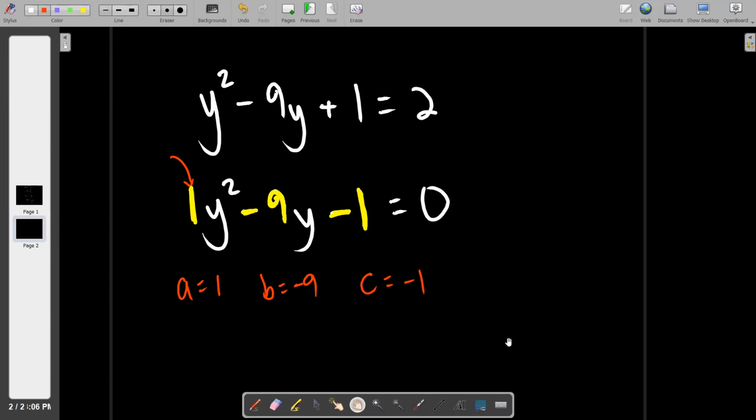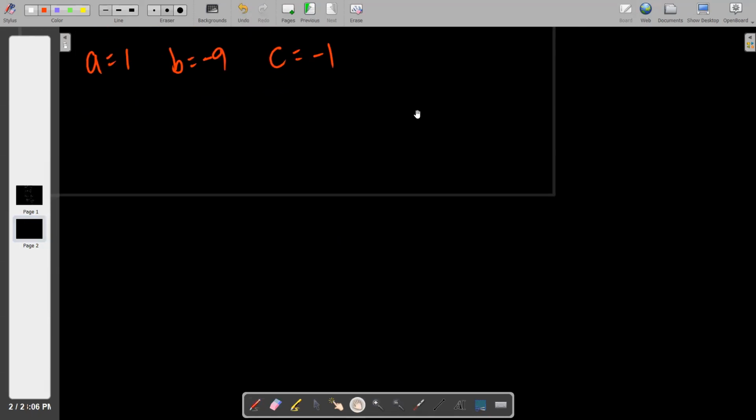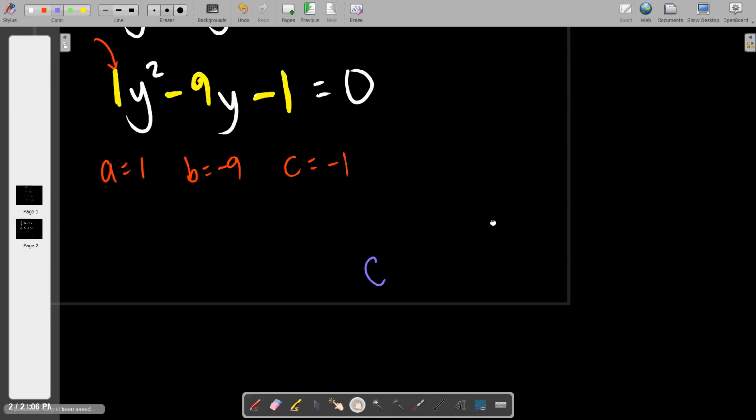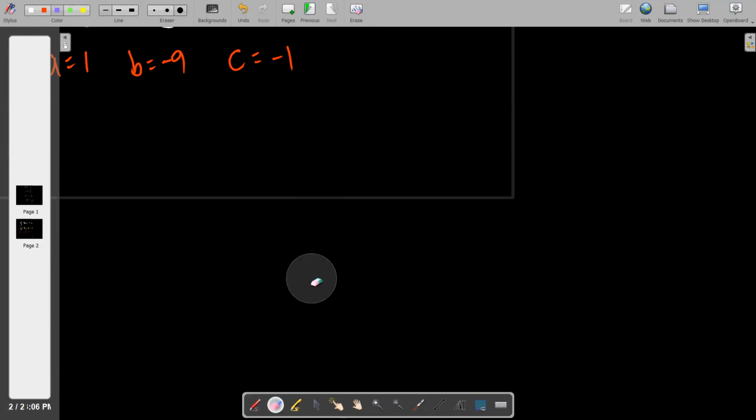Okay, great. So now that we have that in order, that's always the pre-work, and now comes the actual work. So we have y equals. What do we do first? Opposite of B. Plus or minus.